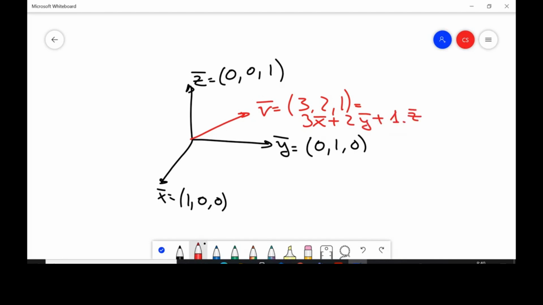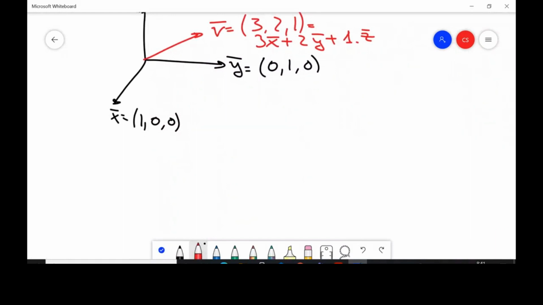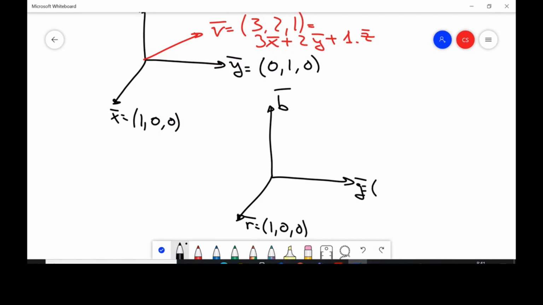And so we can have the same idea with colors. With colors, we have a similar representation, but now the axes are different. So now our axes will be R, G, and B, and they have the unit vectors. Those are the unit vectors in the RGB coordinate system. So this is 1, 0, 0, this is 0, 1, 0, and this is 0, 0, 1.